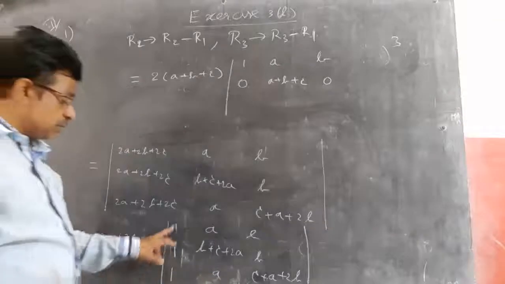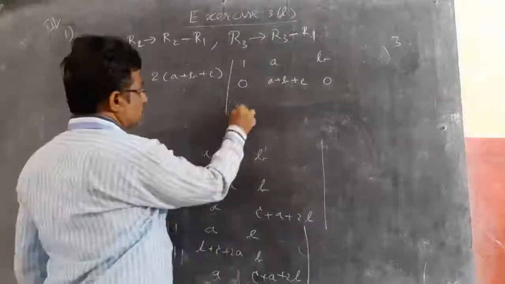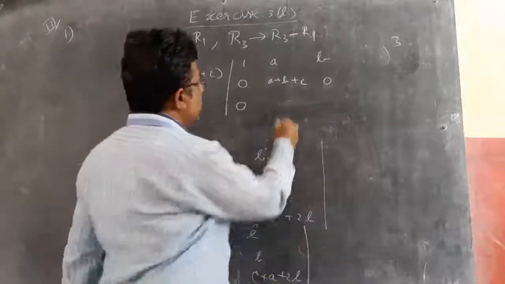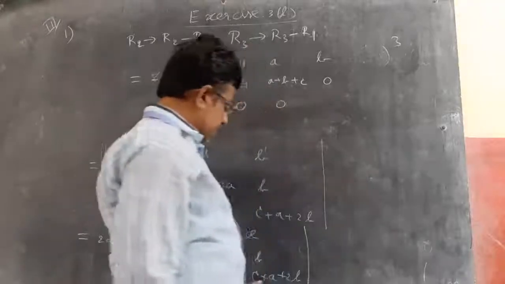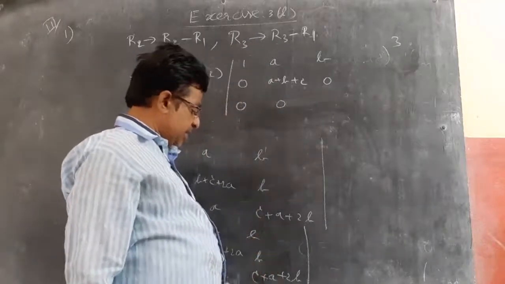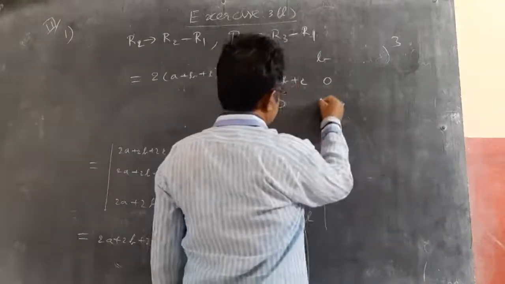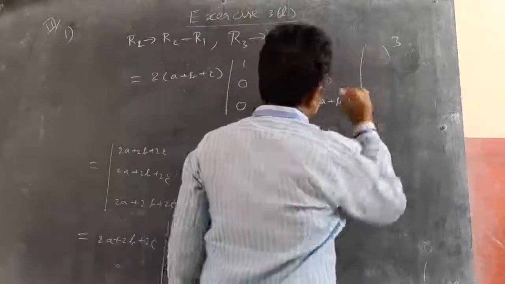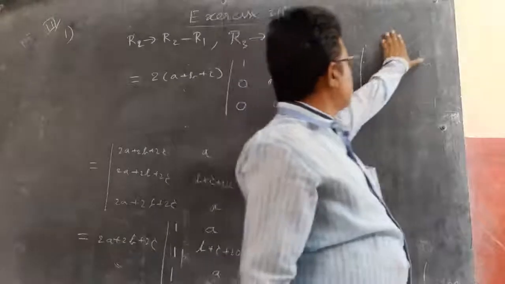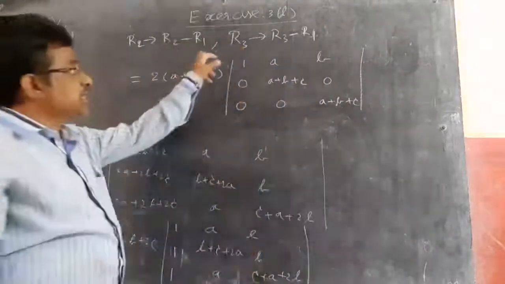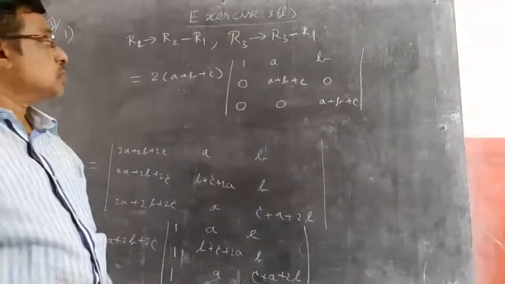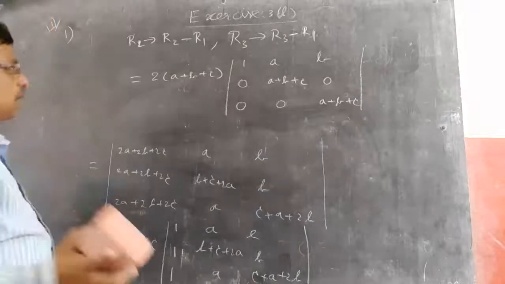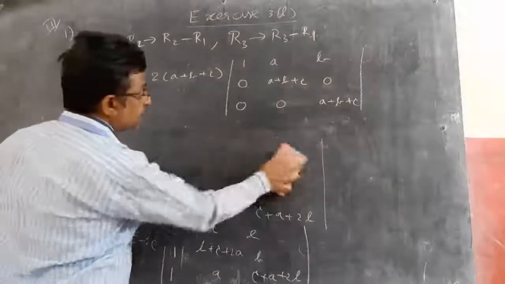Coming to third also, 1 minus 1, 0; a minus a, 0; c plus a plus 2b minus b becomes a plus b plus c. This is what we get after applying R2 tends to R2 minus R1, R3 tends to R3 minus R1.